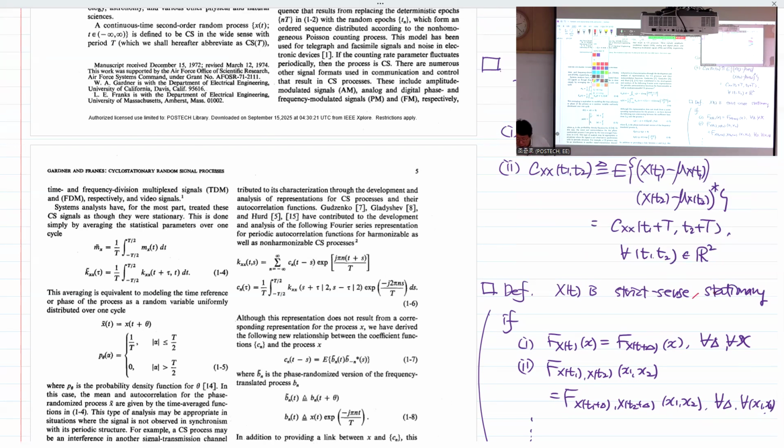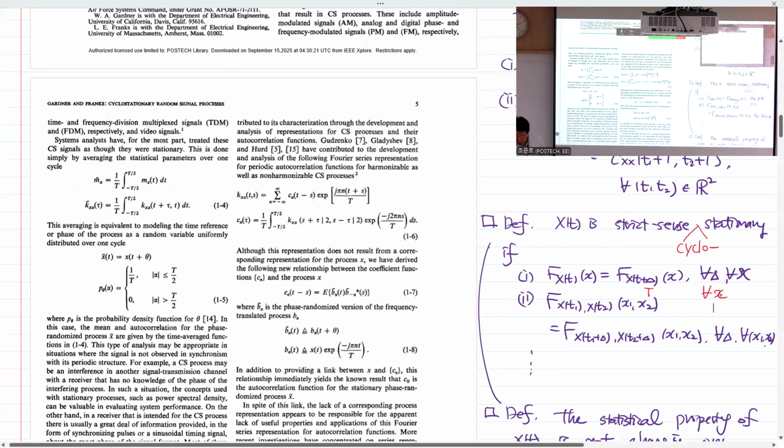So strict sense cyclostationary if what? Not delta for t. Got it? And not for all t, just for all x. Second, this should be capital T and just for all x1 and x2.